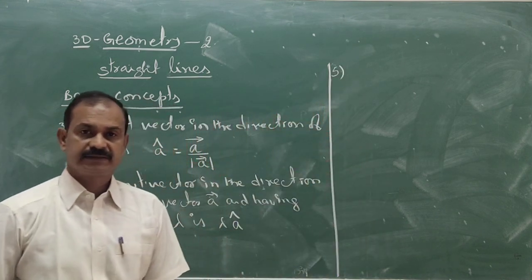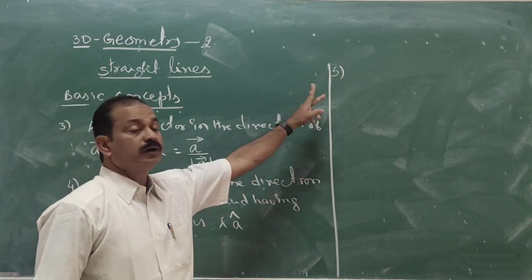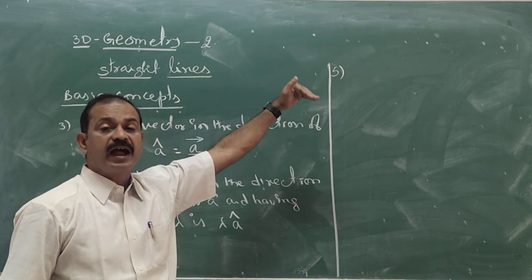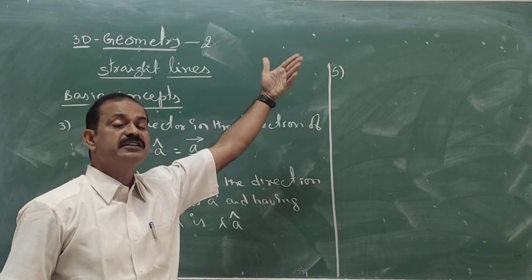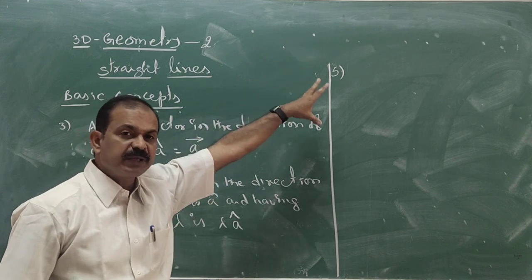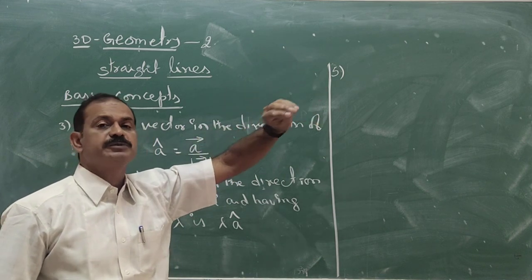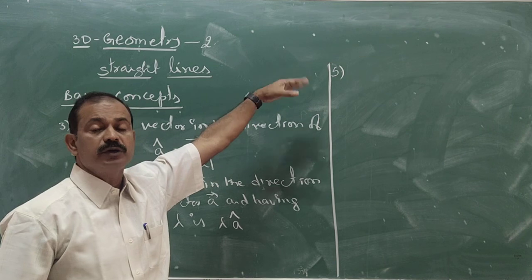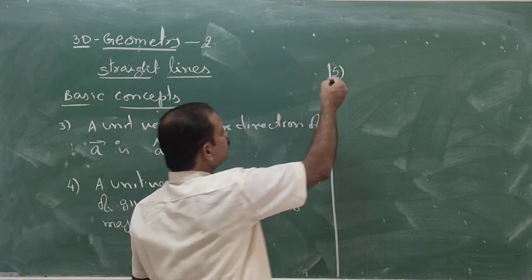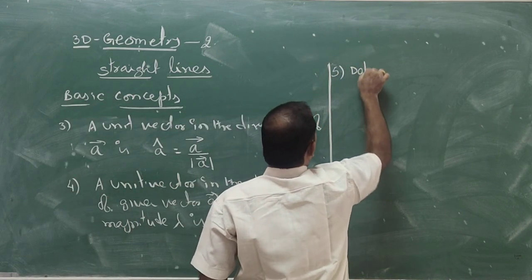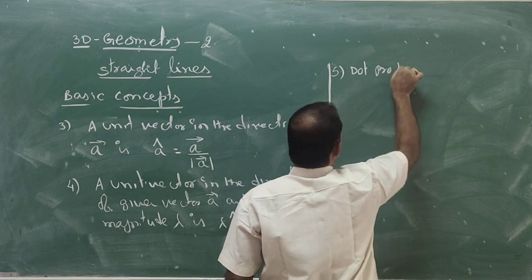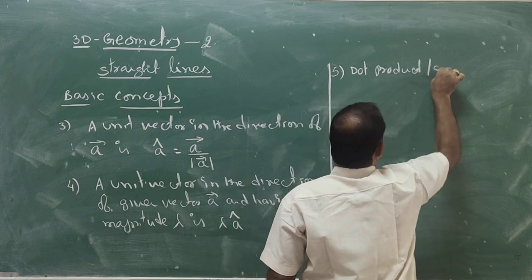Next, fifth one is the dot product and cross product. So let me revise dot product because cross product we are not going to use. So let me complete the dot product or scalar product.